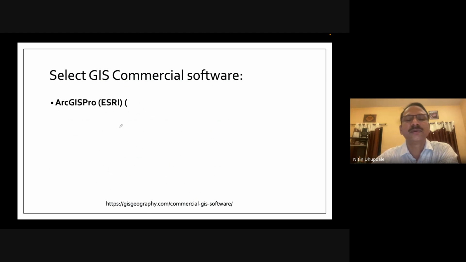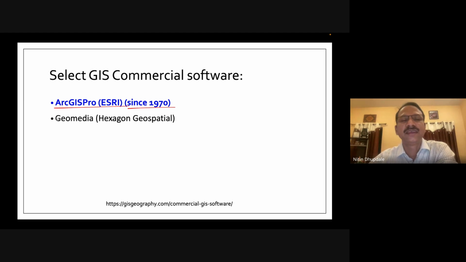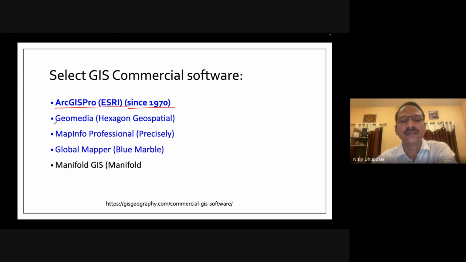These are some of the software. ArcGIS Pro, which is from Esri, has been available since 1970. GeoMedia, this I have never used. I have used ArcGIS, but these others are available. I have taken this information from a source updated somewhere around October 2023.